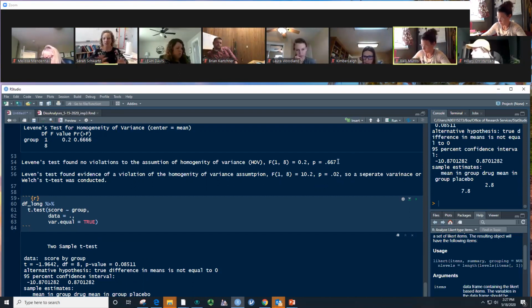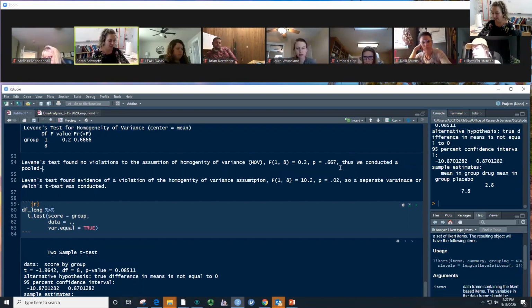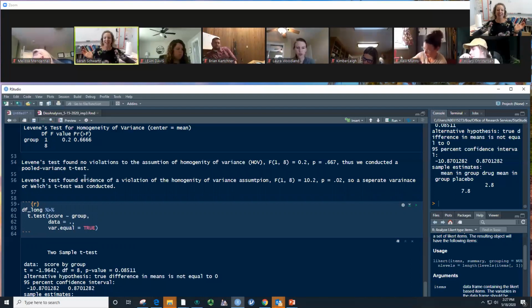If we find no violations, then we can conduct a pooled variance t-test. So if there's no evidence of a violation, go ahead and treat the variances as the same, and do a pooled variances test. If Levene's test gets a tiny p-value, that means they're not the same spread, so you have to do the separate variances test, which is also called a Welch's t-test.